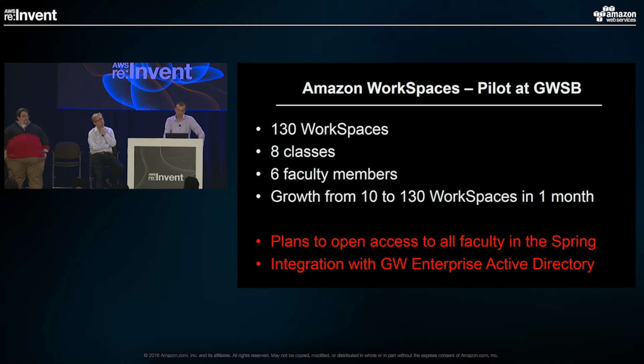There are 8 classes that actively use workspaces. We have 6 faculty members that we selected for this pilot, and we grew significantly without any advertisement. So that was kind of a student-driven process.